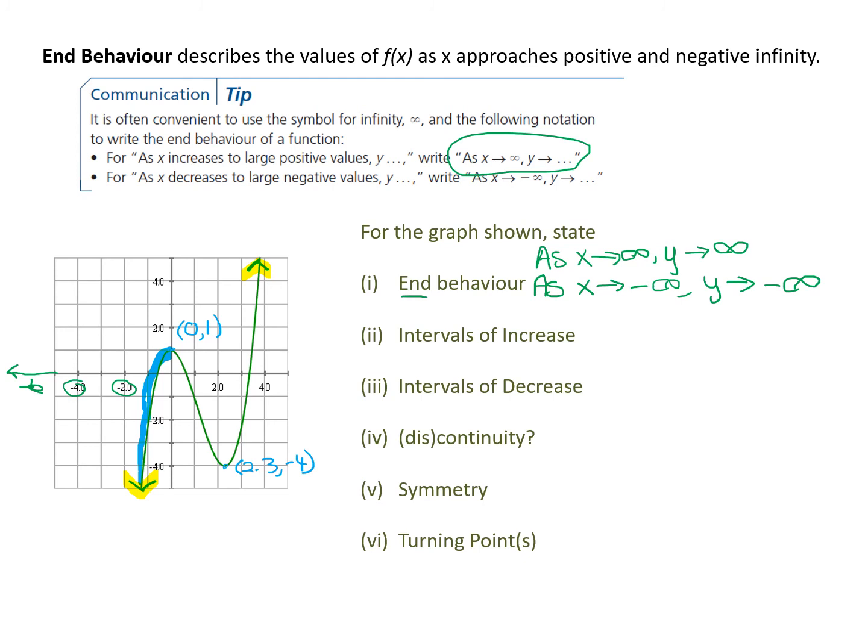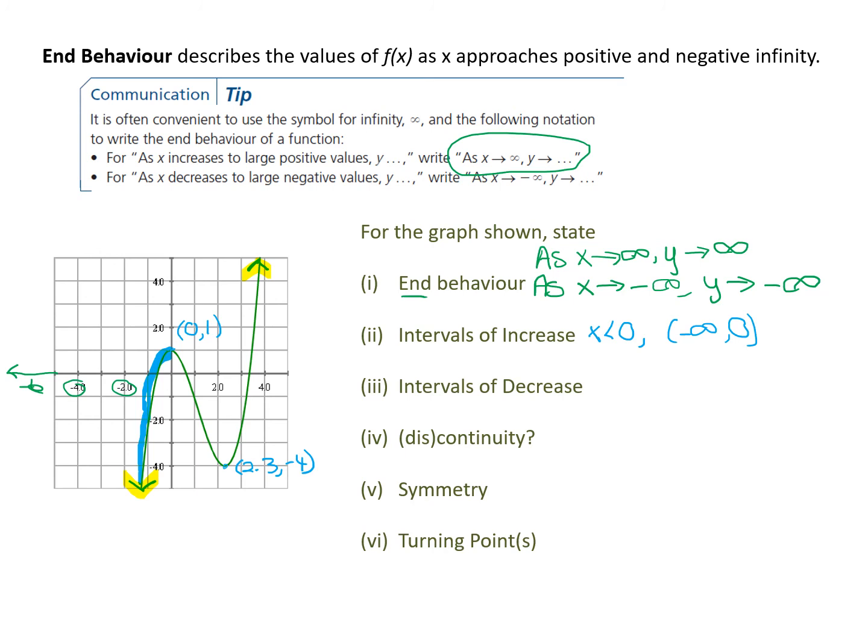If I use the old way of writing, I would say it's increasing when x is less than 0. But using our new notation, I'm going to write it like this, from negative infinity to 0. That's an interval of increase.